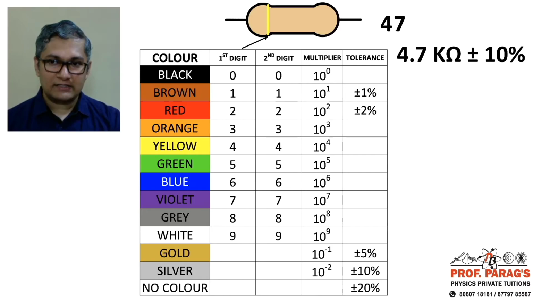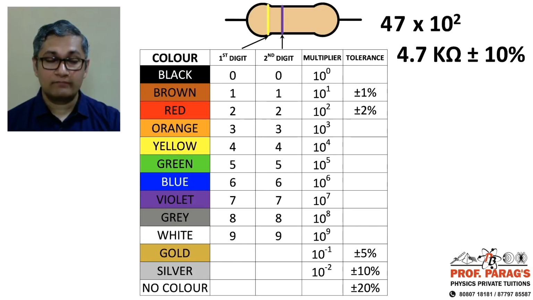The second digit is 7, which would be violet, and kilo, 10 raised to 3, has now become 10 raised to 2 because I wrote 47. And 10 raised to 2 would mean the third band is red. And plus minus 10%, you can see in the table, is silver. So I get my 4 colors.